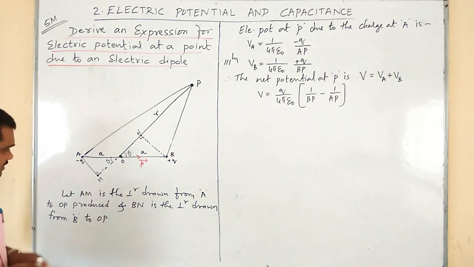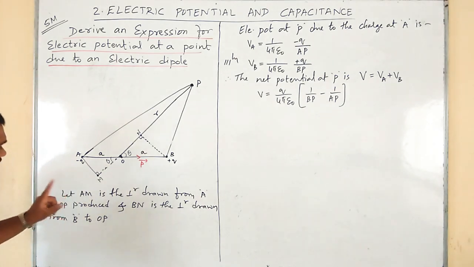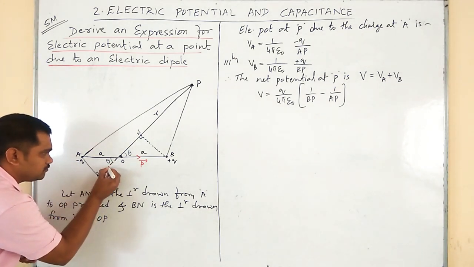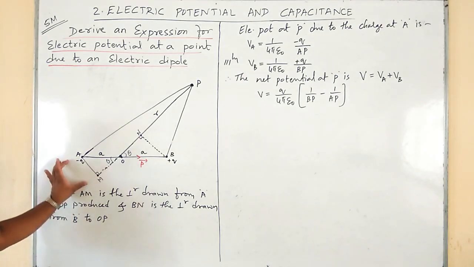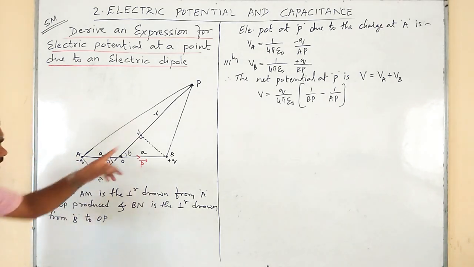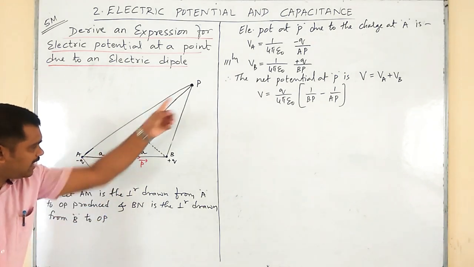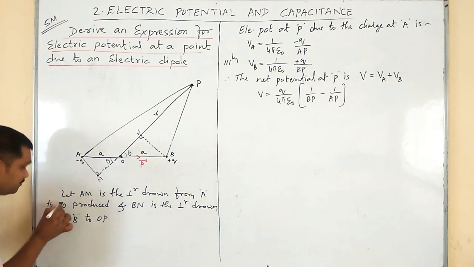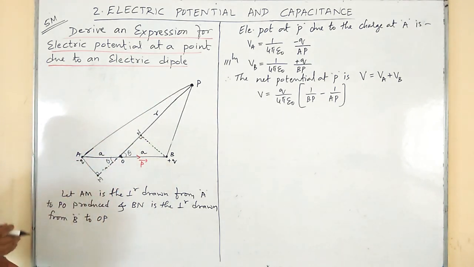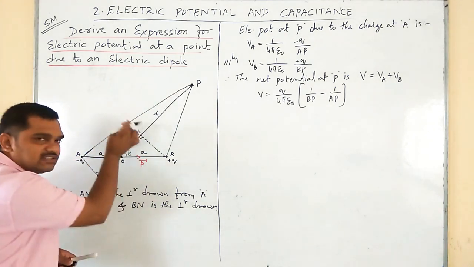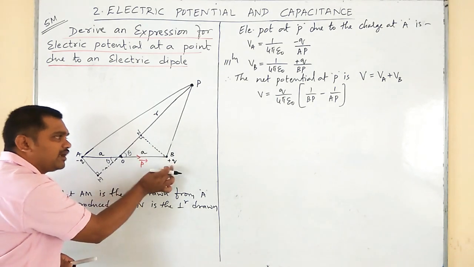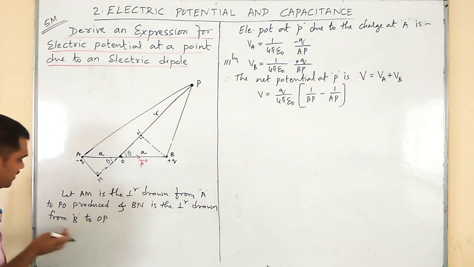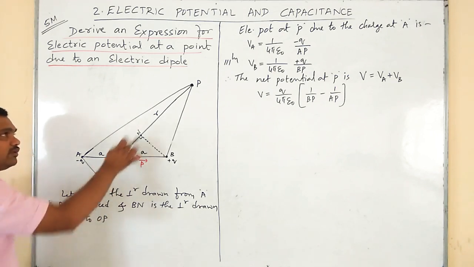Isn't it? So we are considering them like this. Let AM be the perpendicular drawn from A to this line OP or PO produced. Better to write PO produced. Similarly, BN is the another perpendicular drawn from point B to this line OP. So BN is the perpendicular drawn from B to OP.